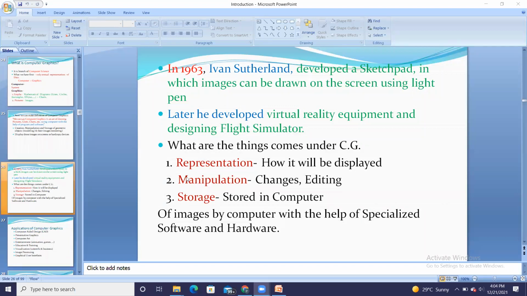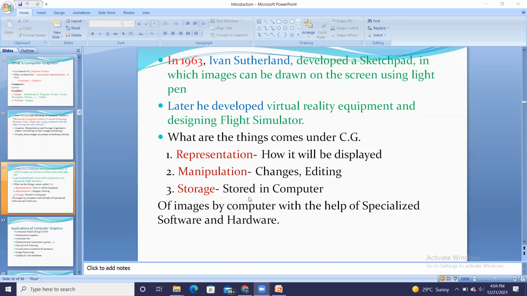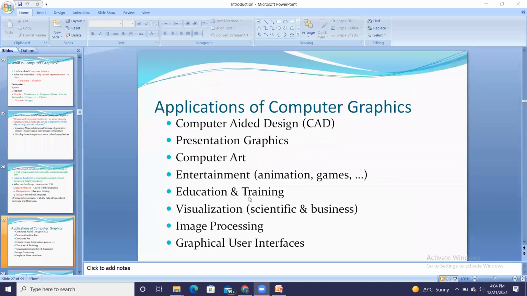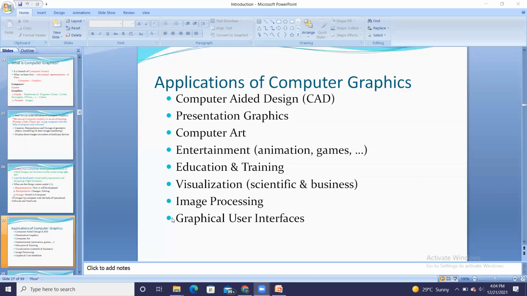So we have seen what computer graphics is: it is modeling plus rendering, where images are drawn first, then edited or modified, and third we store them.